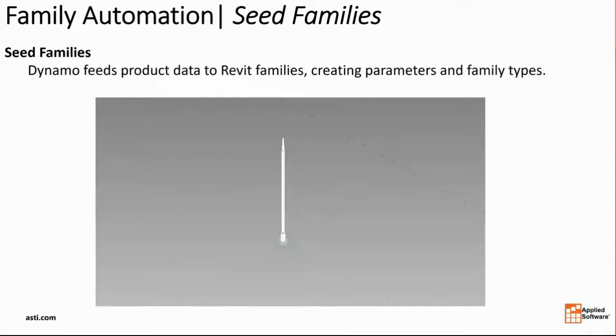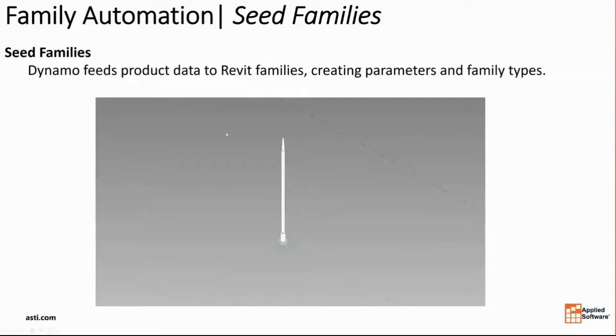And again, in this example here, this one seed family is responsible for a catalog of over 800 families. I run this thing, and something that probably would have taken a week to produce really took about 20 minutes between building the seed family and then running the automation tool.